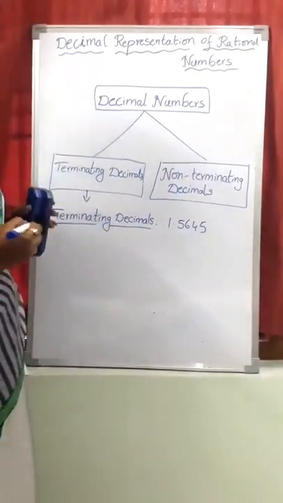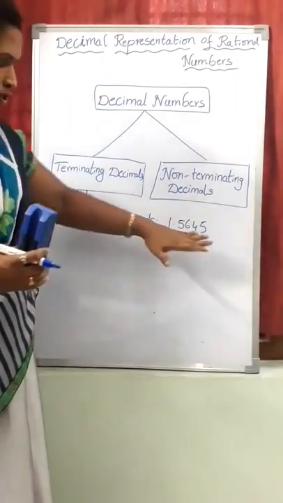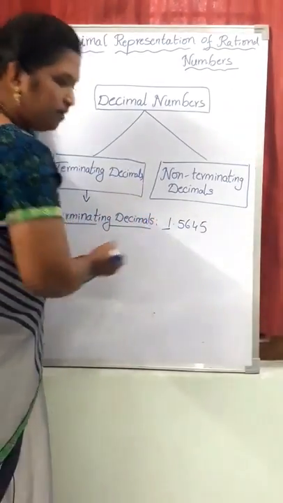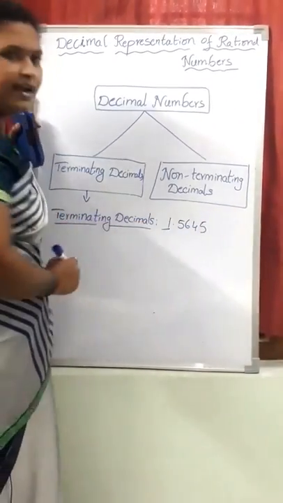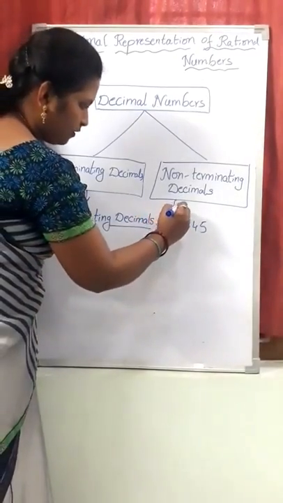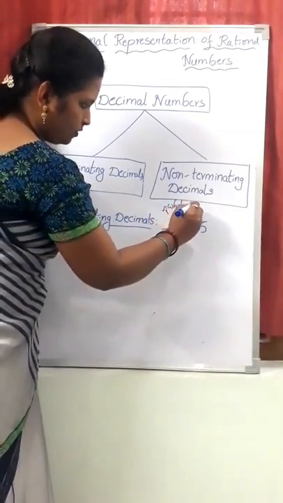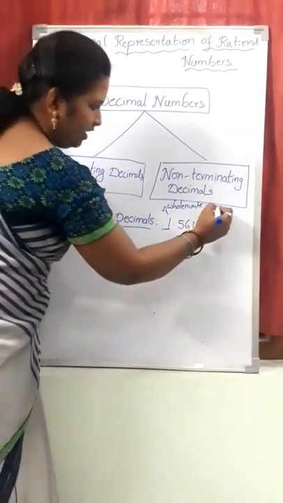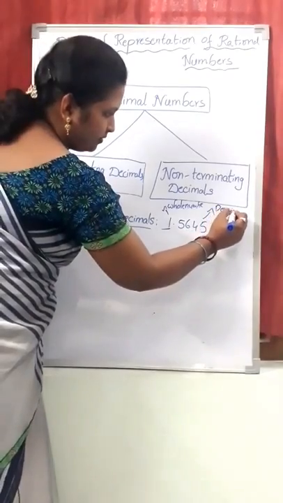5645. Okay. Now this is the decimal number, no? In this decimal number, the number which is on the left side of the point is called the whole number part, and the right side, the decimal part.